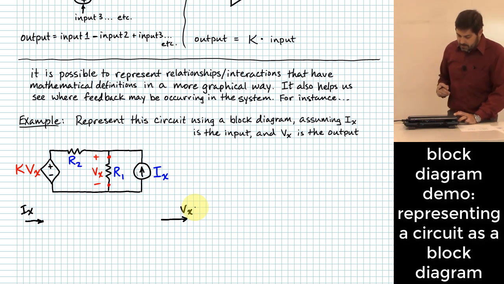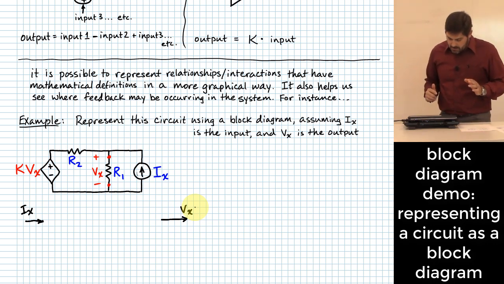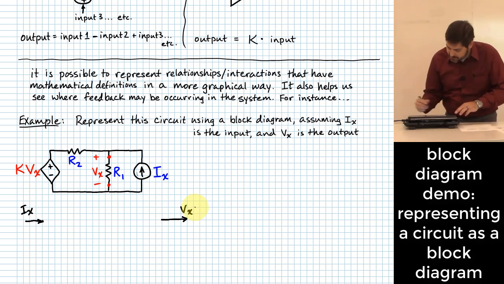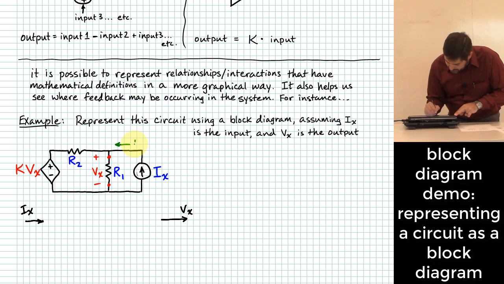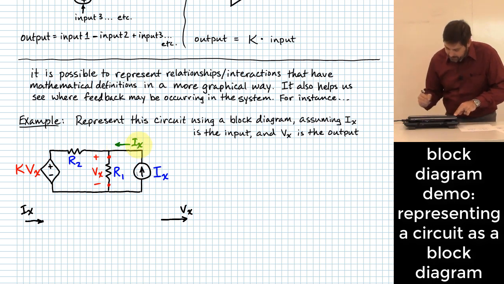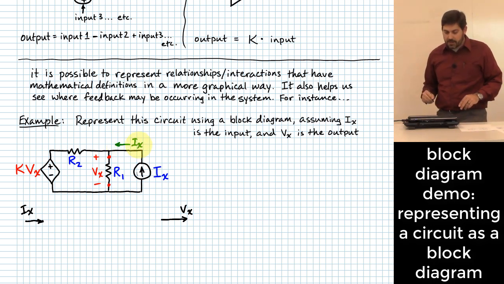All right, now we have to make some kind of a starting point with this. Look at this node up here at the top. I have Ix coming in right here. That's what that current source is doing, driving a current of Ix through there.